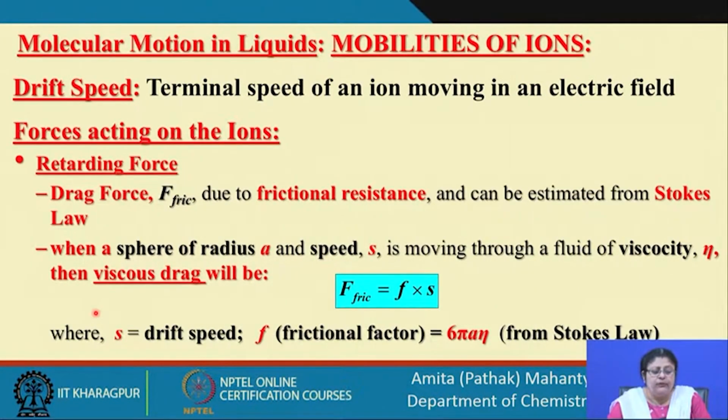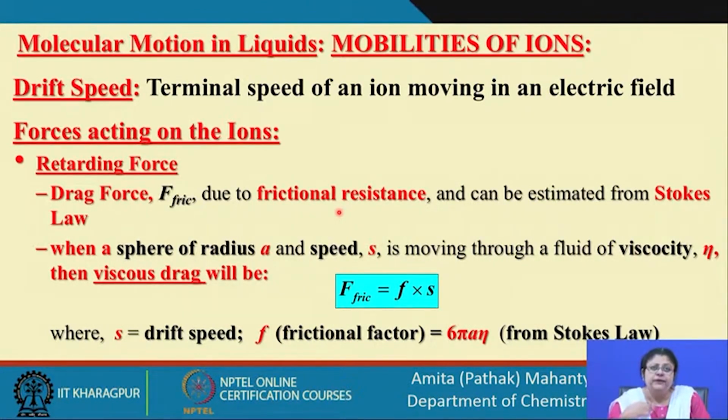Now, what is another type of force which is existing, which we just now said is a retarding force, which is going to drag the molecules or ions in the solution medium in the direction opposite to the way they are accelerating. Okay. So, the retarding force which is acting is the drag force, the frictional force due to the friction existing in the solution medium.